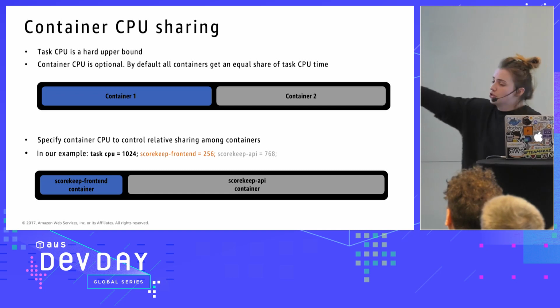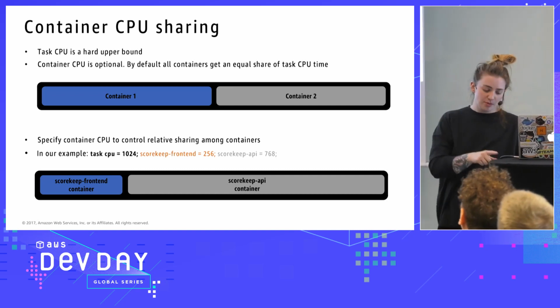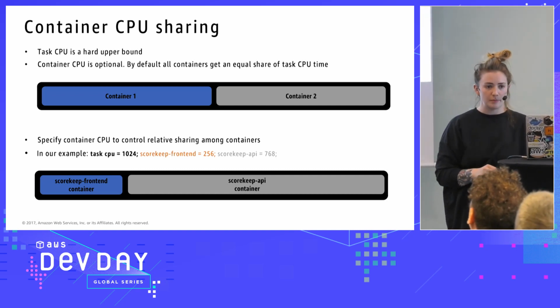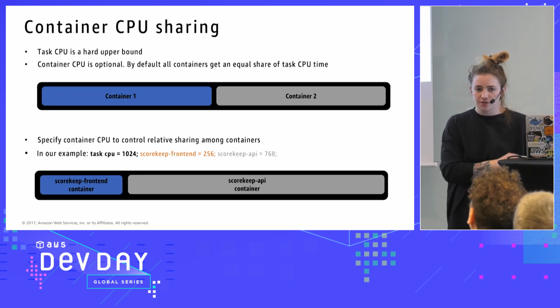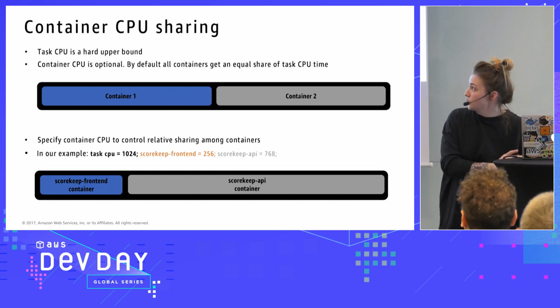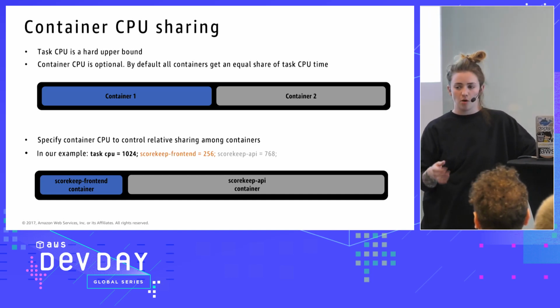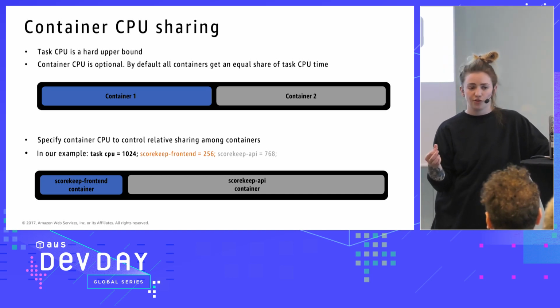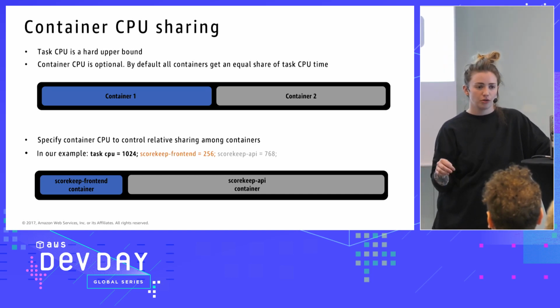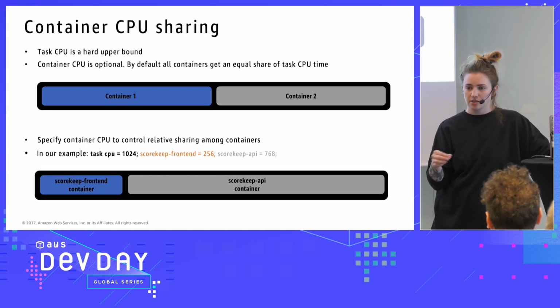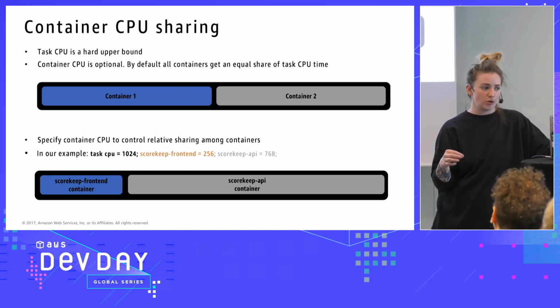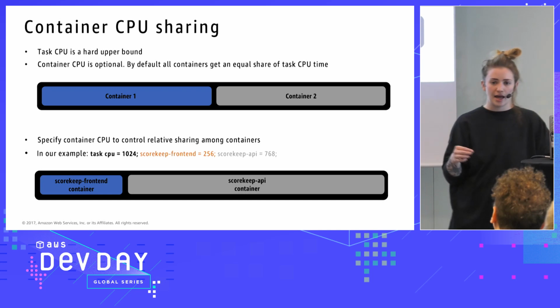This is an example, by the way, and I have some links somewhere in here. There's a demo application that has a Fargate branch from AWS Labs, and it's a Scorekeep app. If you're looking for a demo app with a couple of different pieces, there's a pretty good walkthrough. I'll post a link, but it's the Scorekeep lab on AWS Labs.